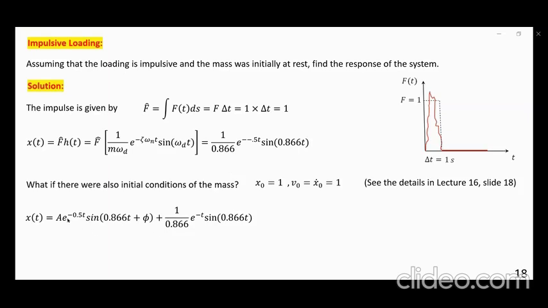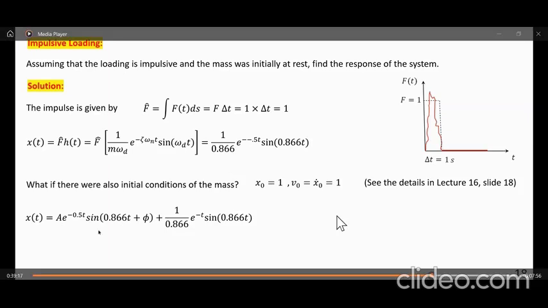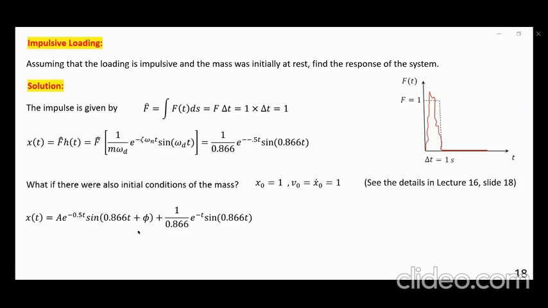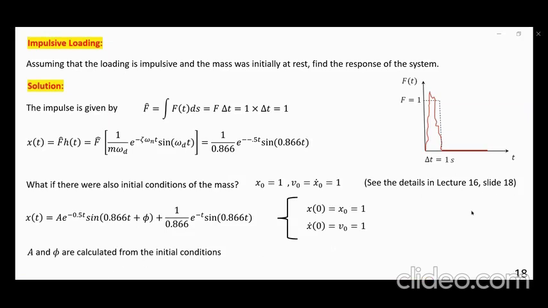And then we don't know what A and phi are. Just like the previous problem that we did, the A and phi were calculated subject to these initial conditions, but just go ahead and find out what we did in 16.